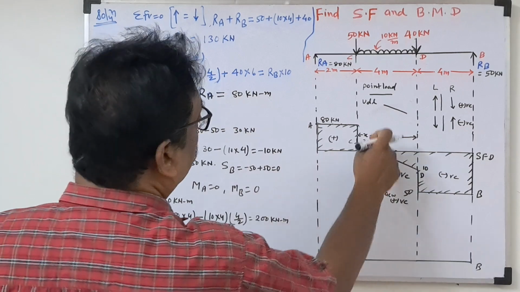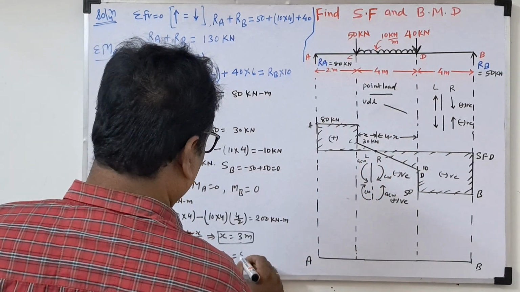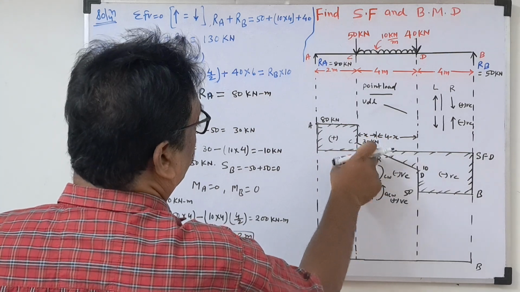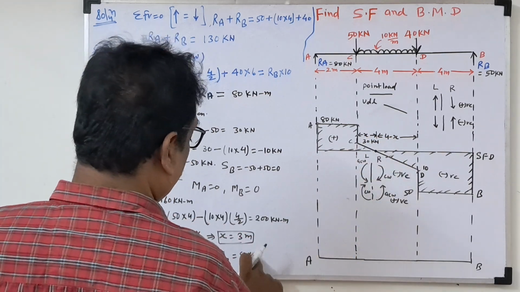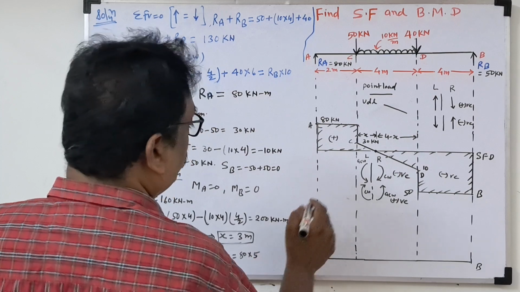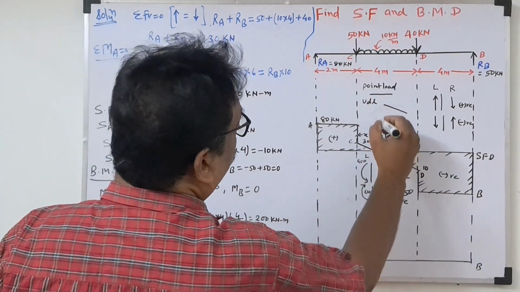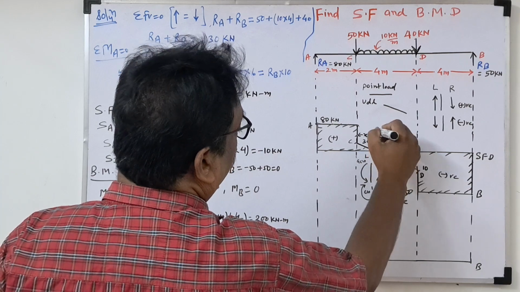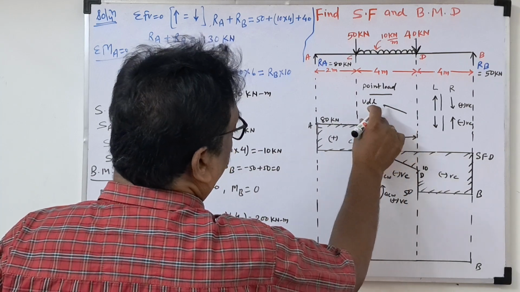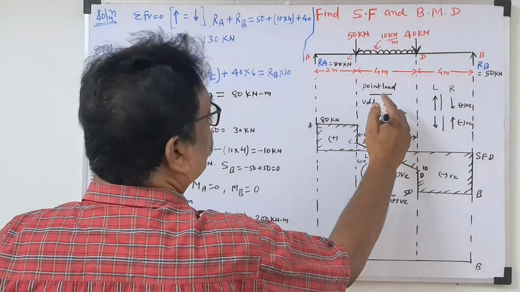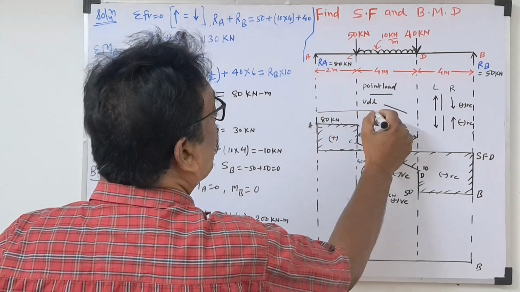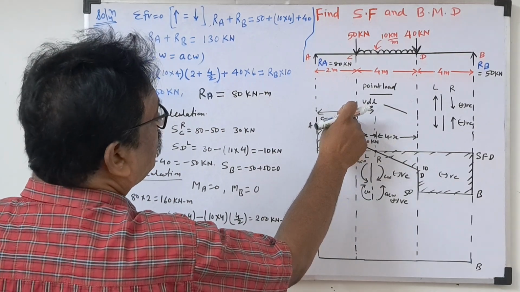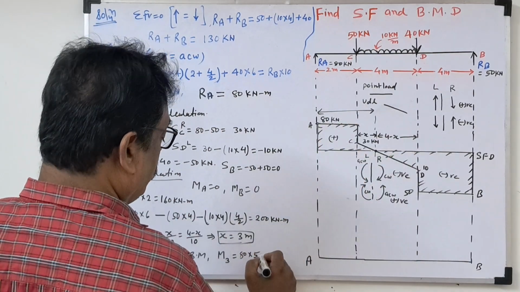What is M3 here? 80 into 5, why 5? Because we are taking moment about this point, where the distance is 3, and this length is 2 plus 3, 5.